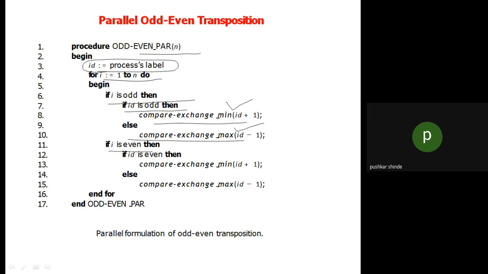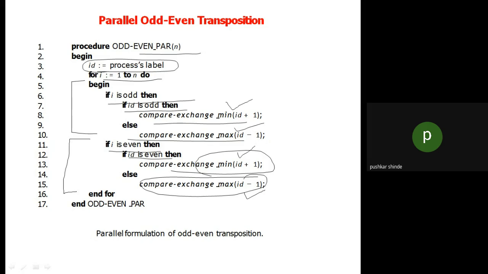Similarly, if i is even and id is even, compare exchange minimum of id plus 1 and maximum of id minus 1. So the left processor will keep the minimum value and the right processor will keep the maximum value. It will be done for odd indexed processors and even indexed processors.